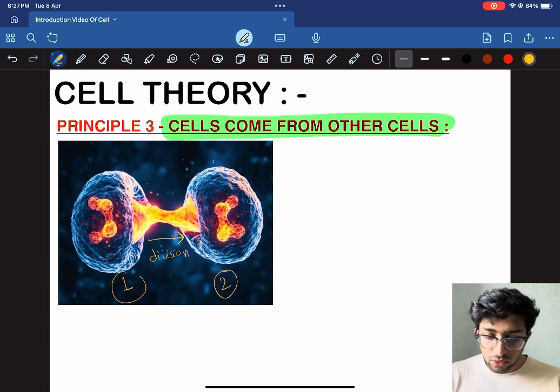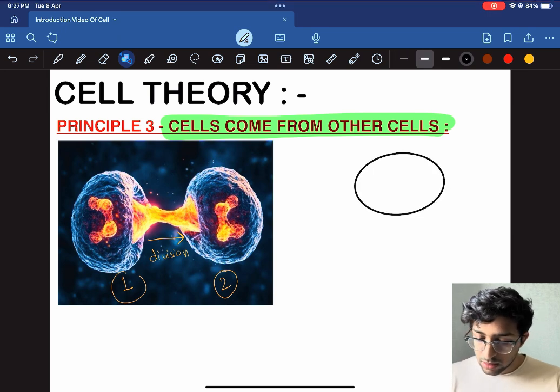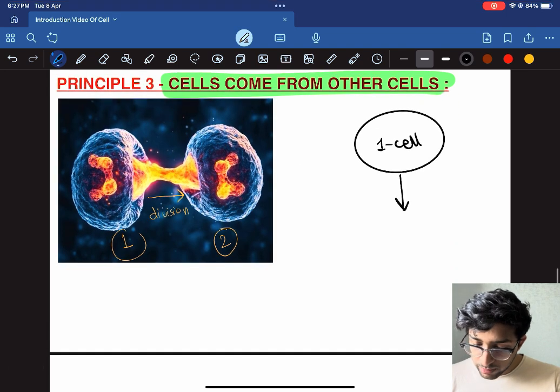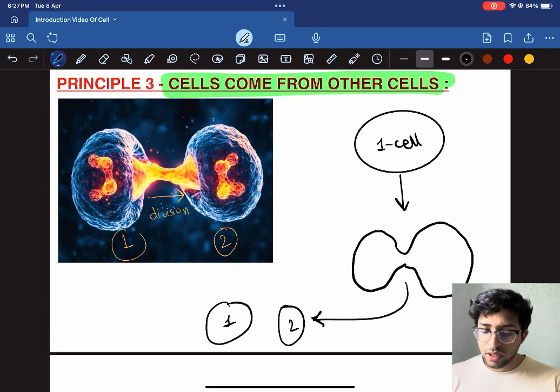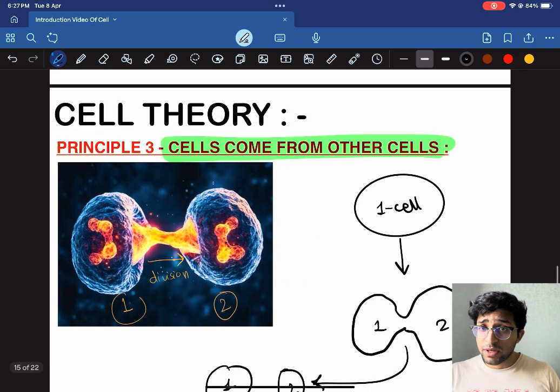So again, if I draw it, let's say this is one cell. This one cell will go through cellular division, and then there will be two cells, right? This theory was given by Dr. Rudolf Virchow.